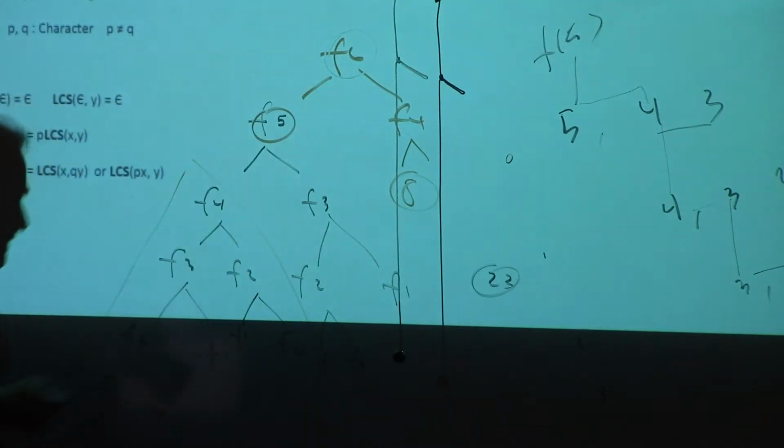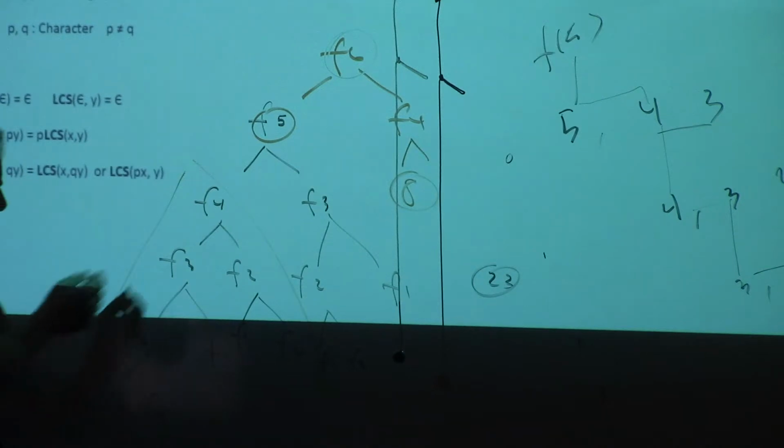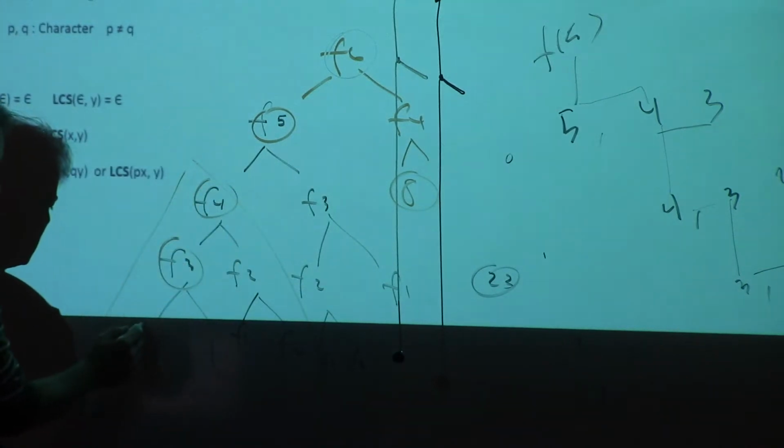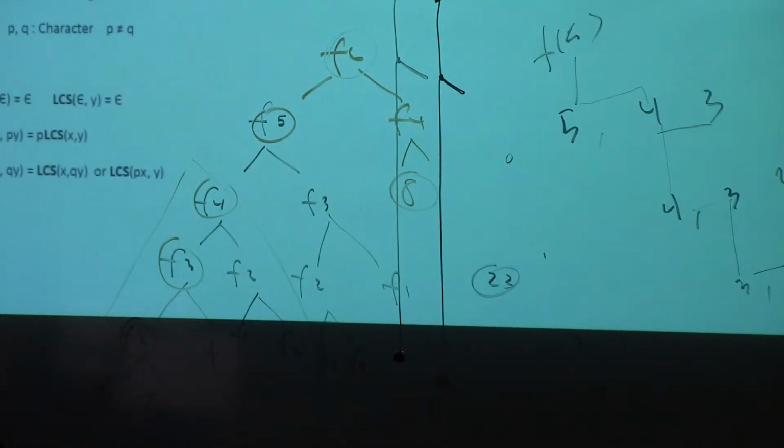F5. I would have to do addition there. Where's F5 going to lead me to? F4, F3, F2. I have to do an addition, but I'm done here. So therefore, what's this? This is going to be 1 unit of cost.